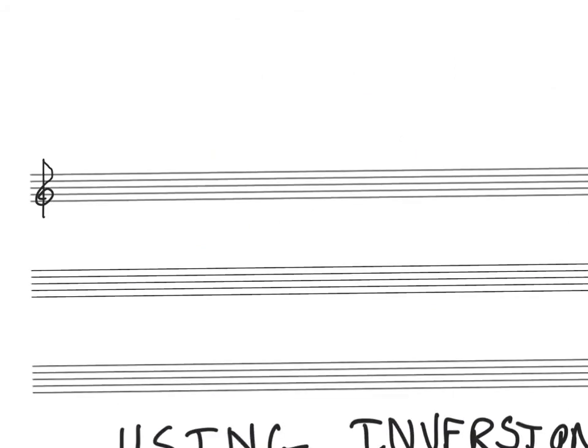So I've got some standard notation here to show you, but really the thing that I wanted to most show you was that if you have a second, the inversion of that will be a seventh, and if it was major, it will become minor in its inversion. And if it's minor, it will become major in its inversion.